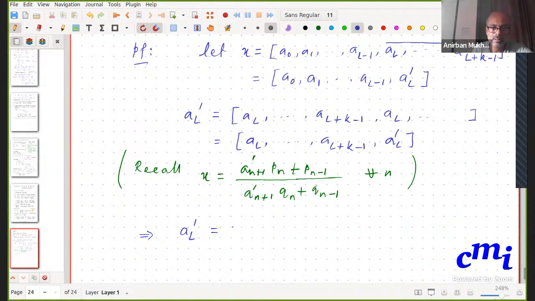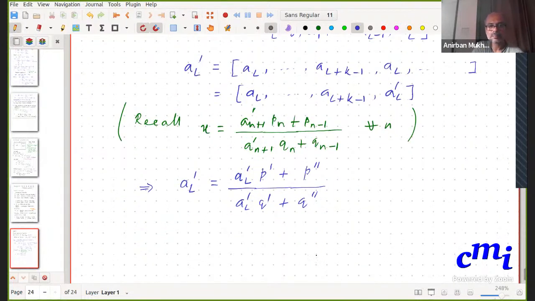So we write it in this way: a_L dash, that's this last complete quotient, multiplied by P dash and then P double dash, so (a_L dash P dash plus P double dash) by (a_L dash Q dash plus Q double dash).